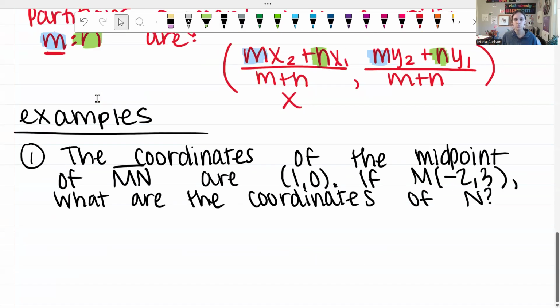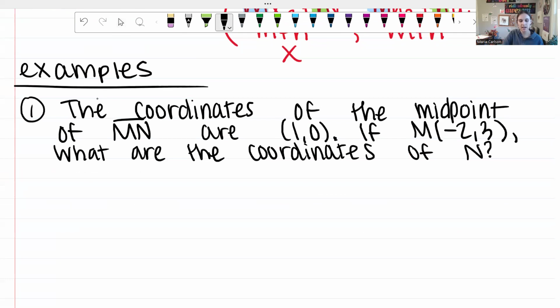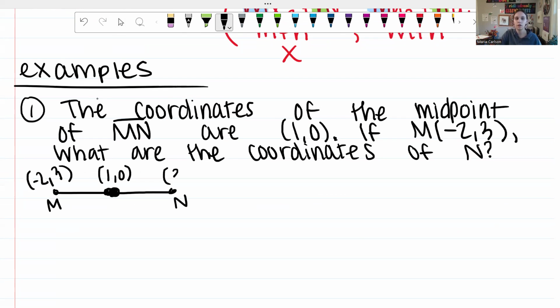All right, so this is just telling us that we have some segment here. If it helps to draw a picture, please do so. Here's m, here's n, and we have this midpoint, right? This is the point 1, 0, and we know m is the point -2, 3, and we want to know what this point is, right?